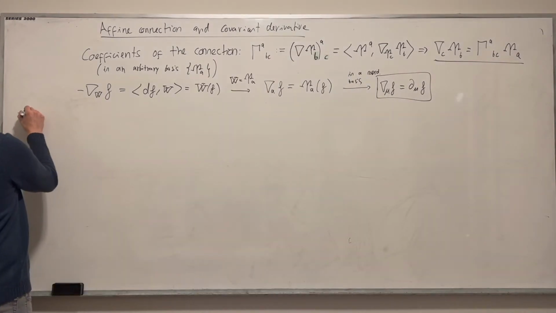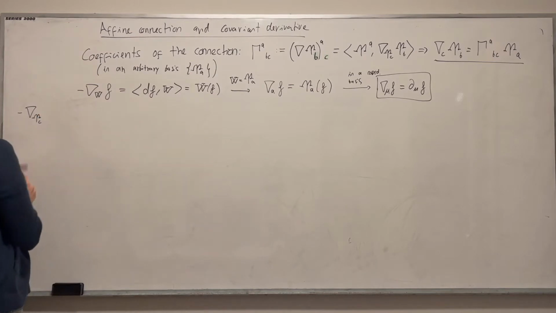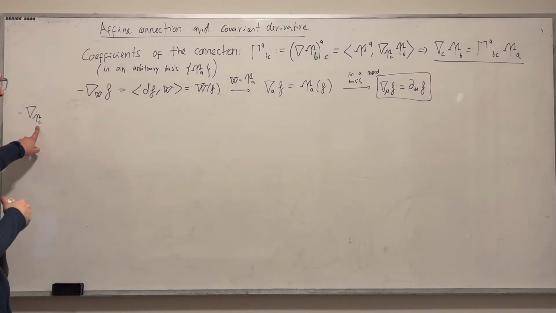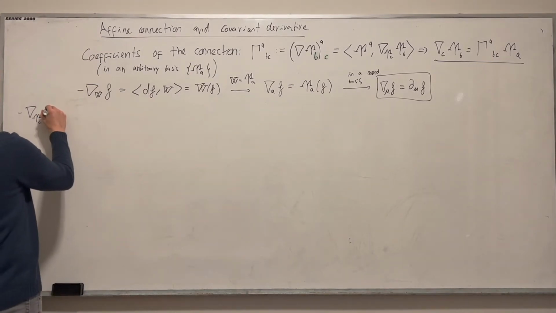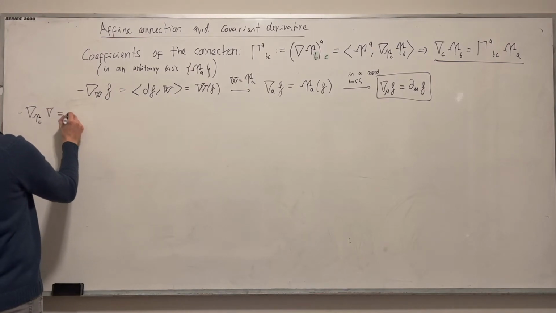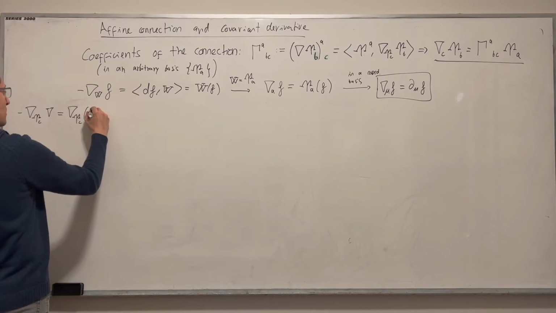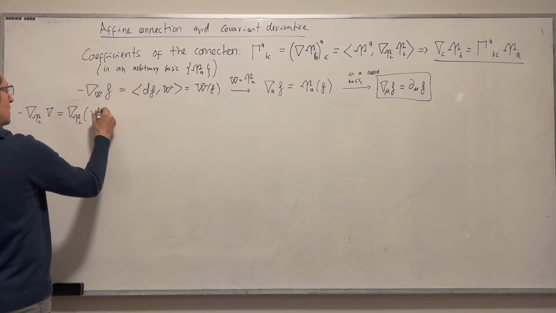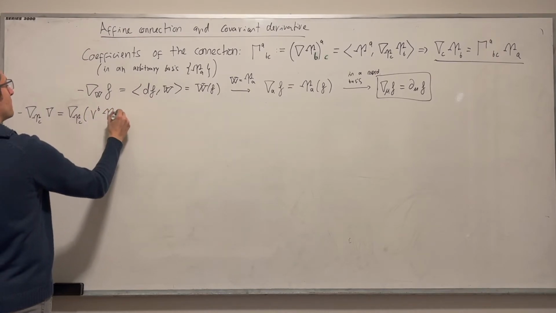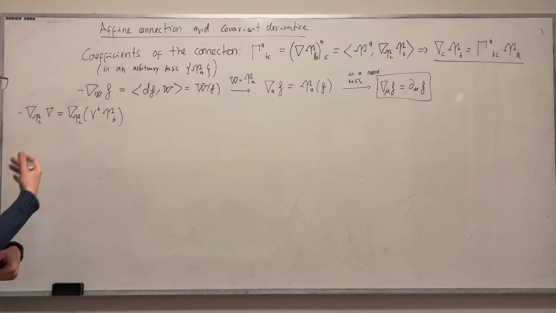Now for a vector field, I'm going to write directly the directional derivative in the direction of the vector of the basis epsilon c of a vector field v. And I'm going to write this vector field in terms of an expansion in elements of the basis. So that would be v^b epsilon b, right? Wonderful. Okay.